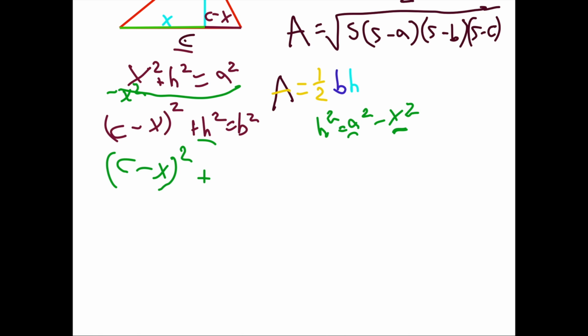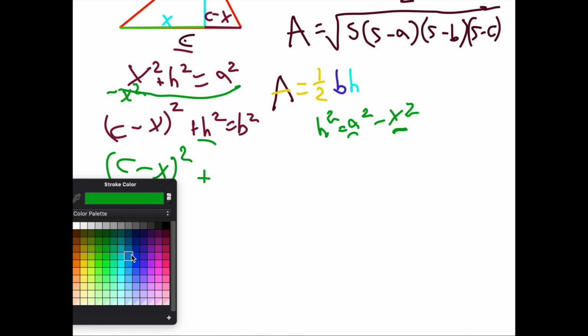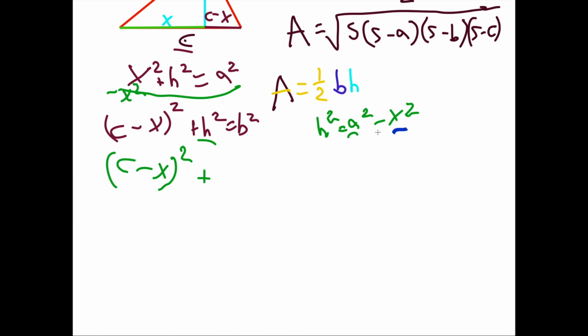So we can just put that in right there. If we put a squared minus x squared in for h squared, we get (c minus x) squared plus a squared minus x squared, and that is equal to b squared, right? Okay, so now let's solve for (c minus x) squared.